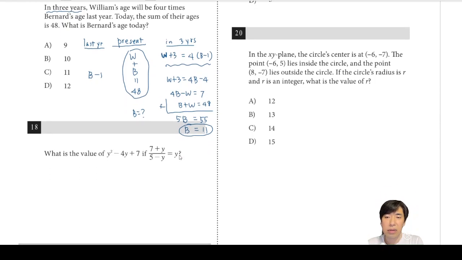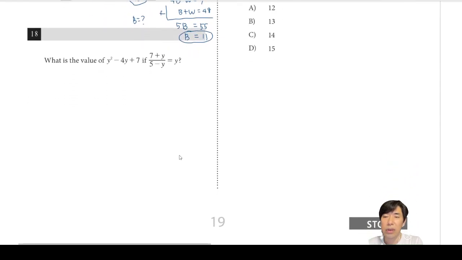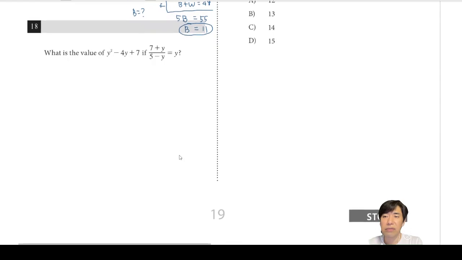All right, number 18. What is the value of this thing if 7 plus y over 5 minus y is equal to y? Let's look at this. That means 7 plus y is equal to y times 5 minus y.